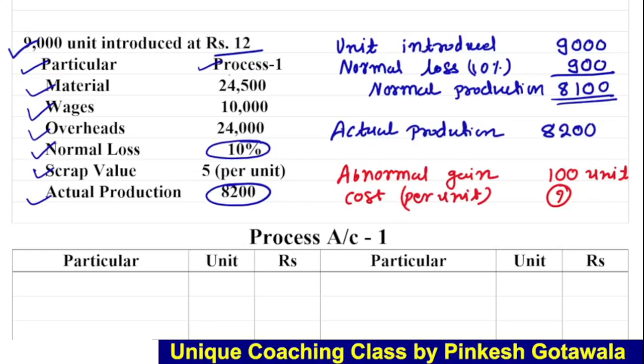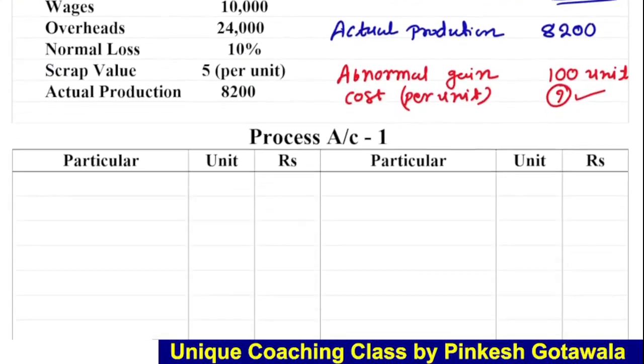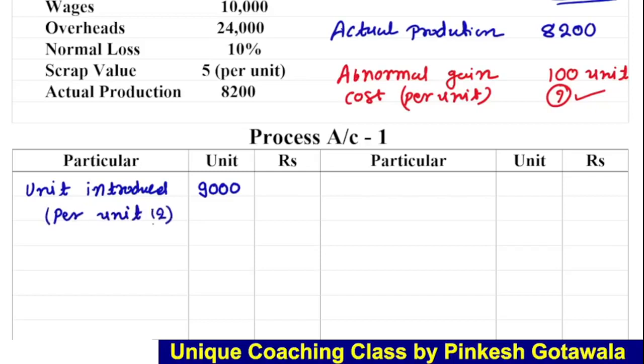Okay, now let's give effect and we get at the last this amount. So let's start to give effect. So first of all, we introduce 9,000 unit at rupees 12 per unit. 12 nines are 1,08,000.